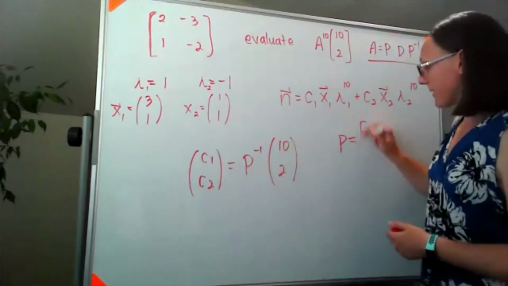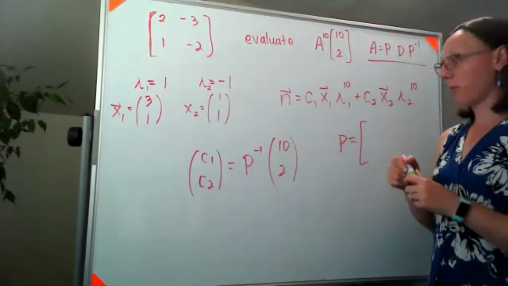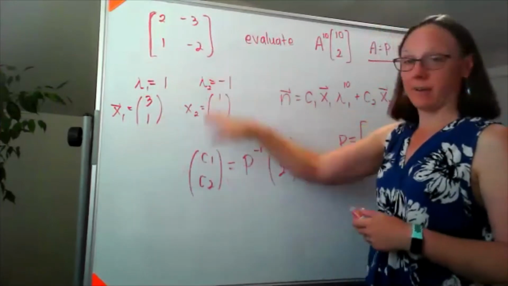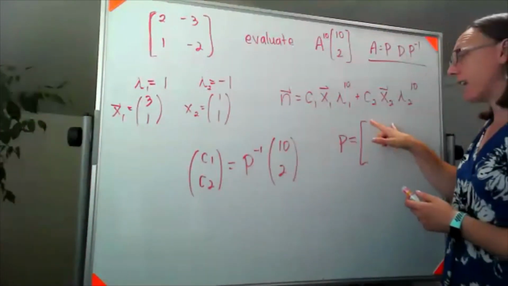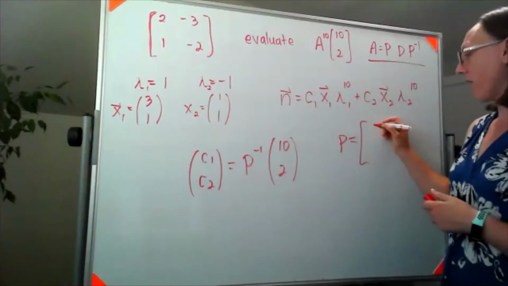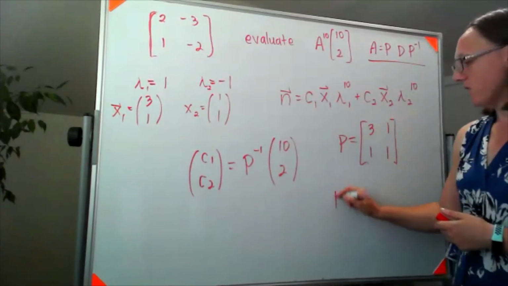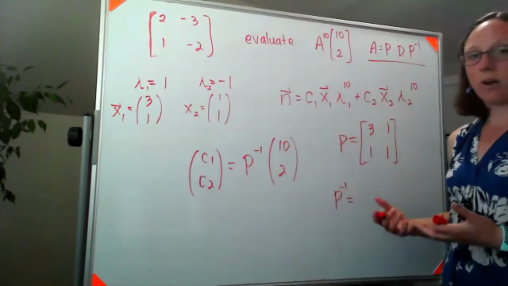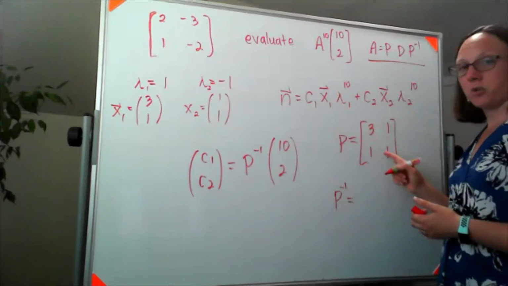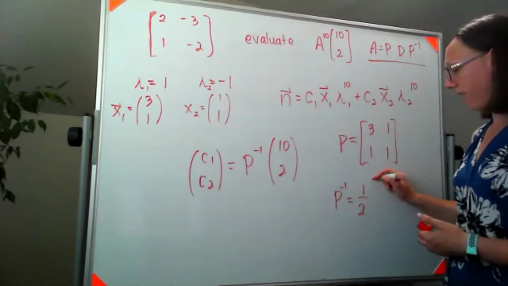So P is going to be the matrix that's formed by my eigenvectors, and the order matters. Because I've specified that this is lambda 1 and x1, and this is lambda 2 and x2, it's important that I put my x1 in the first column and my x2 in the second column. So I've got 3, 1, 1, 1. To find P inverse, I need 1 over the determinant, and our determinant is 3 times 1 minus 1, so that'll be 1/2.